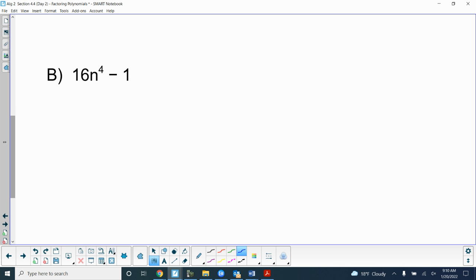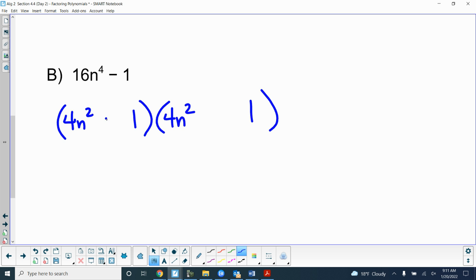Is it a difference of squares? Are they both perfect squares and a minus between them? Yes. What's the square root of 16 to the 4th? 4n squared. What's the square root of 1? 1. Then what? Plus and minus. The one on the left we can't do because it's addition.